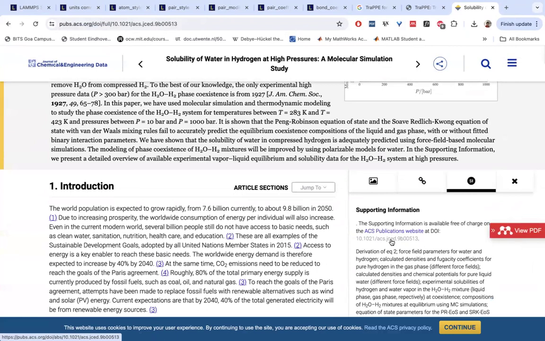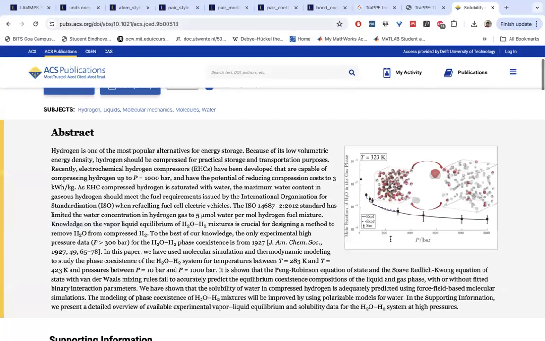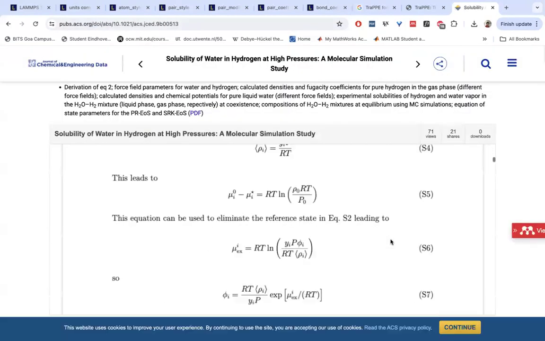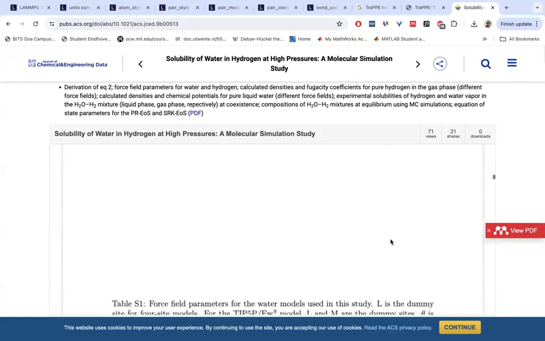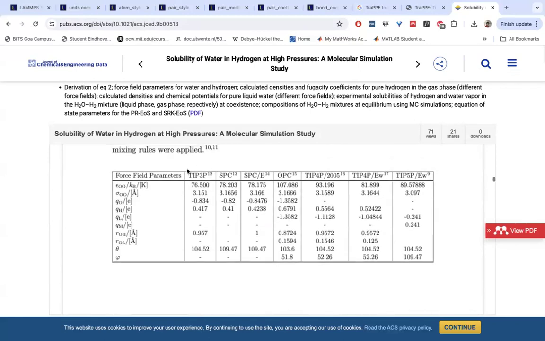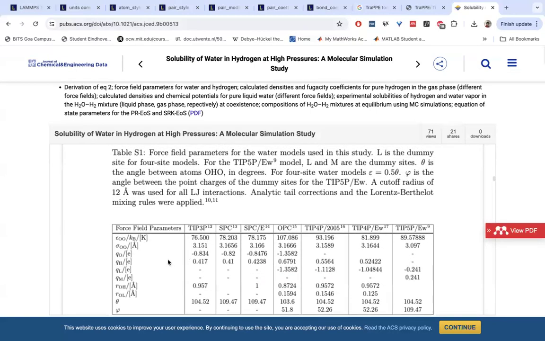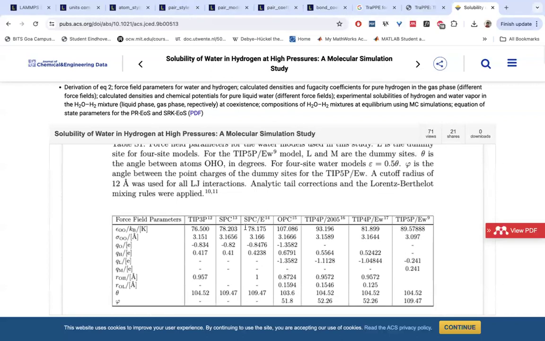If you go to the supporting information of these papers, then you have all the force fields for the different molecules. As you can see, the force field for hydrogen is listed in this particular paper.